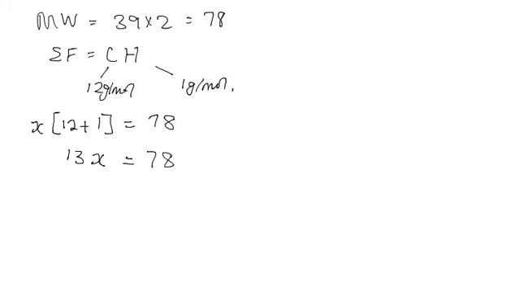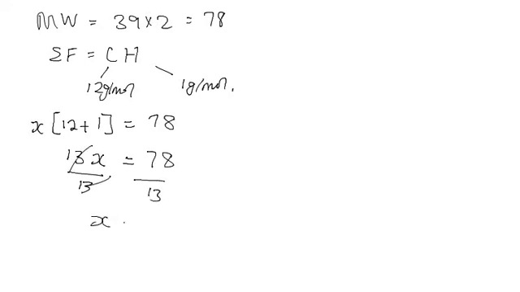The reason why you are only adding one value of 12 and one value of 1 is because we only have one carbon and one hydrogen. It will be a different story if we have C2H or CH2 or something like that. For example, if it were CH2, you have 12 plus 1 plus 1. Anyway, to find your x here, you divide both sides by 13.